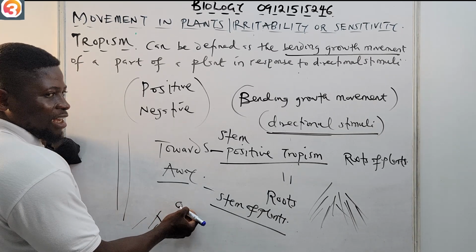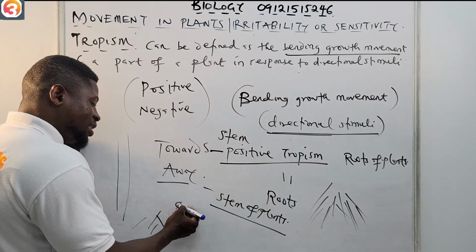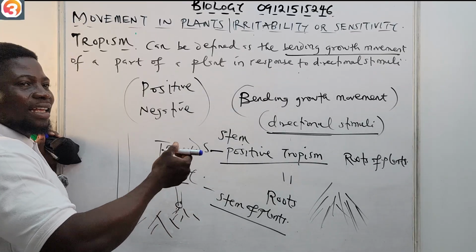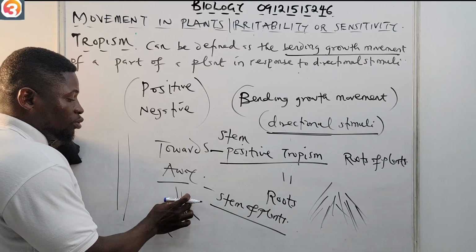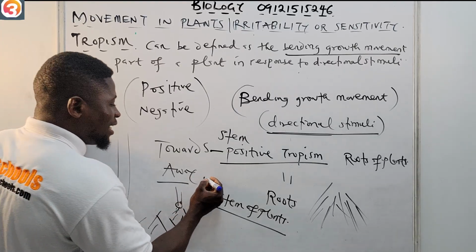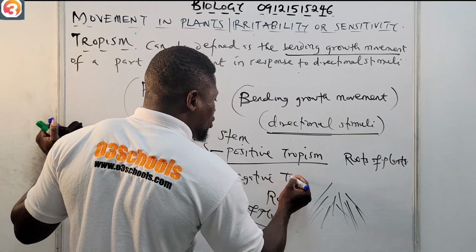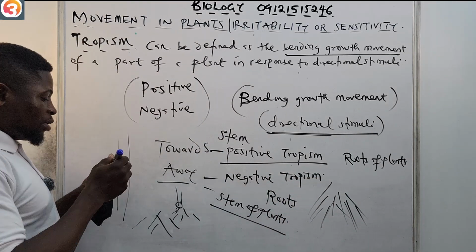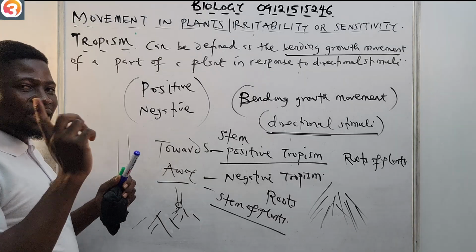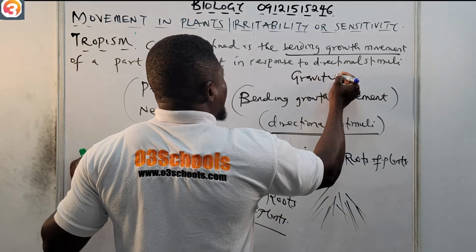You plant something on the ground and it's supposed to go downwards, but you see it going upwards, against gravity. So for that reason, we call this a negative response, a negative tropism. The stimulus causing this is gravity.